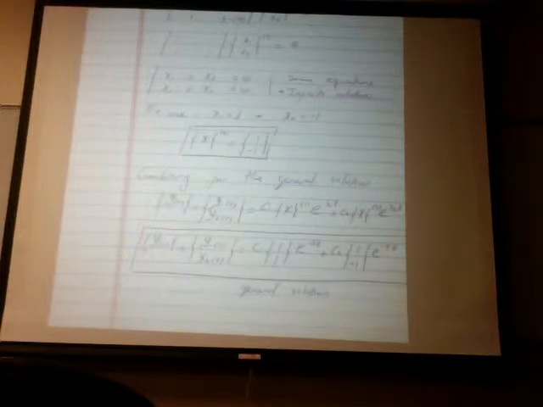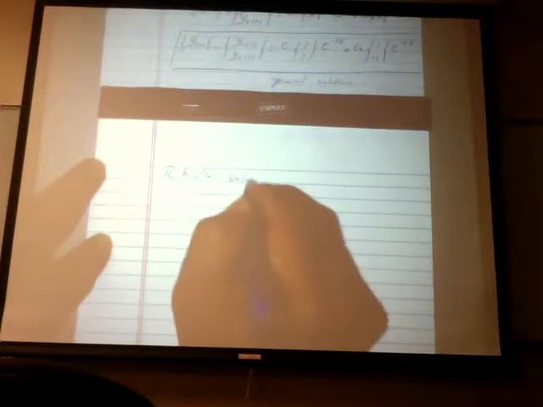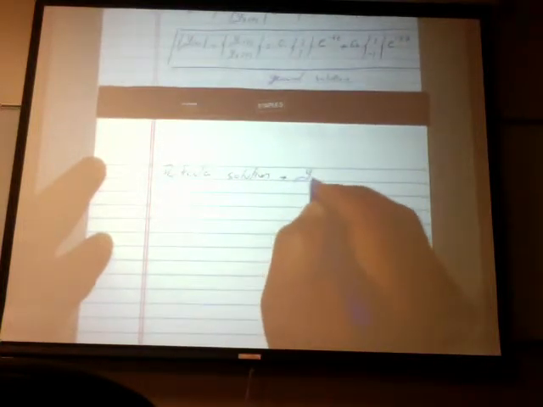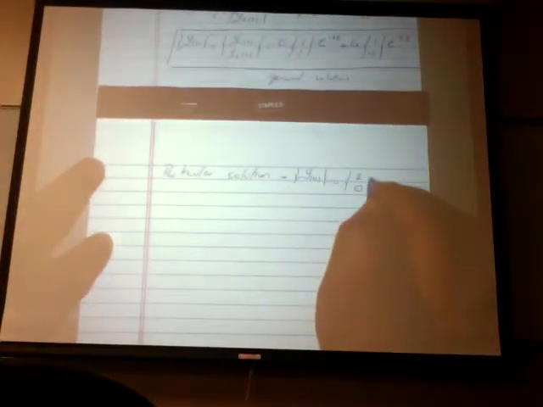Alright, now it's time to find the particular solution. Right? So to find the particular solution, we need to impose y of 0 is equal to 2, 0.